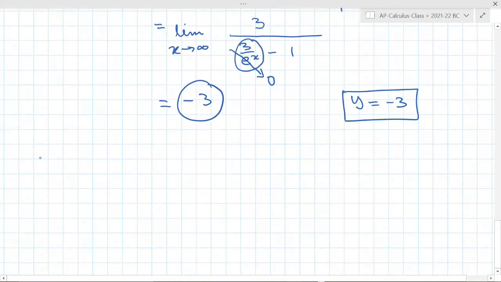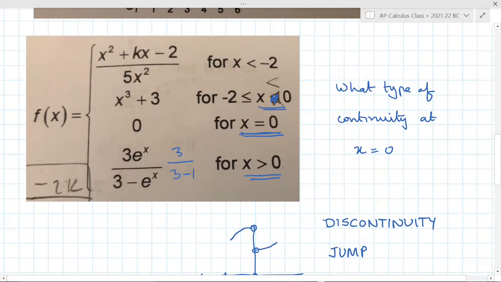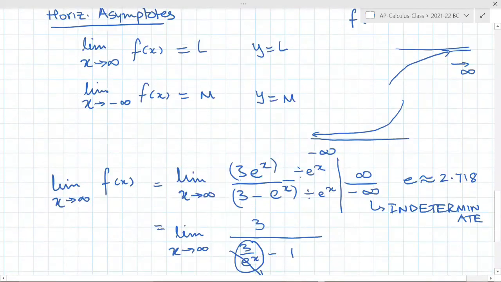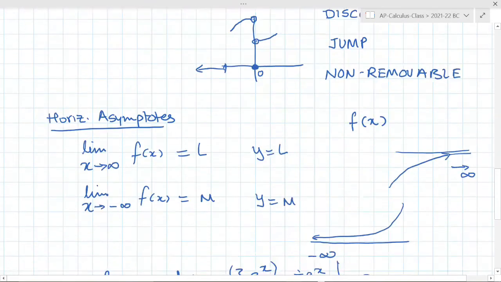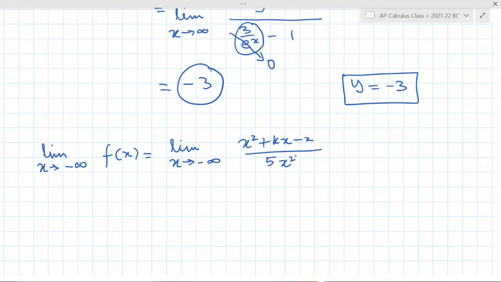Let's try the other side. Limit x goes to negative infinity, f of x. So which piece do we take now? First one, because when x is going towards negative infinity, the first one is in play, right? So x squared plus kx minus 2 over 5x squared. This is a rational function, right? It's a ratio of polynomials. So if we're trying to find limits as x goes to positive or negative infinity, and it's a rational function, then only the highest powers matter.